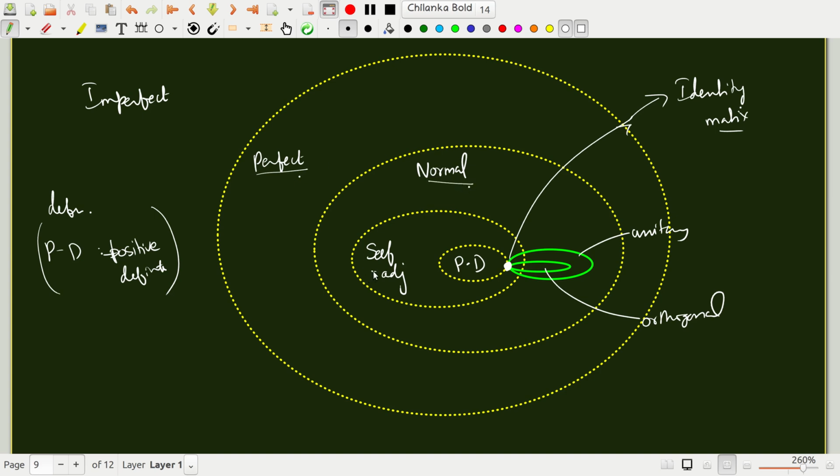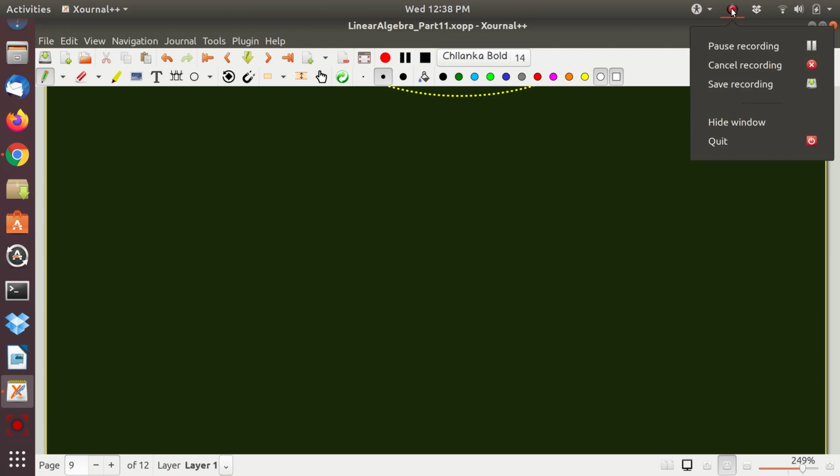Then self-adjoint matrices which have orthogonal eigenvectors and real eigenvalues. Then positive definite matrices which have orthogonal eigenvectors and real, positive eigenvalues. And on the other side you have unitary and orthogonal matrices. All of them finally join at the simplest possible matrix, the identity matrix. I'll stop here, and we will continue in the next module with linear equations.